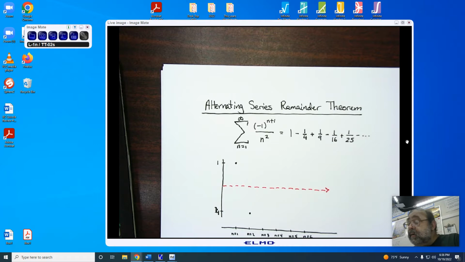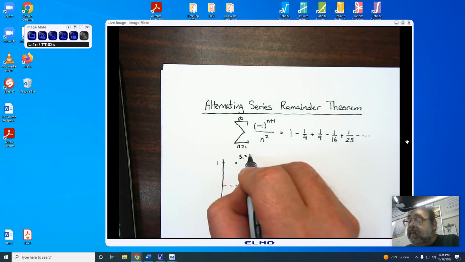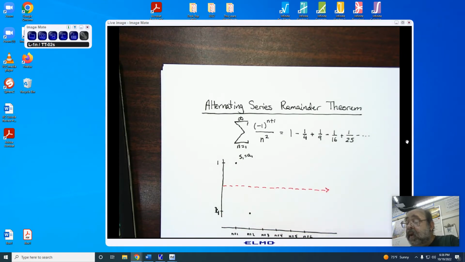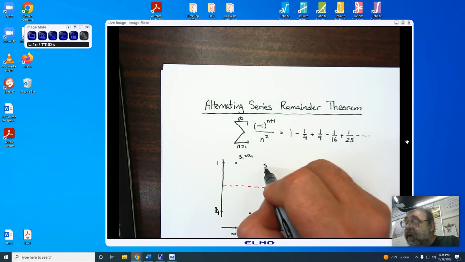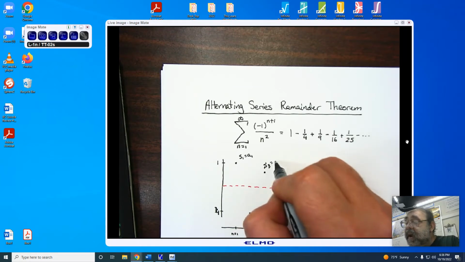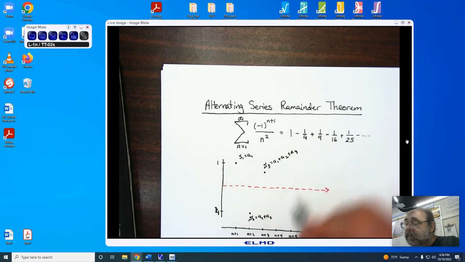So here I have my first term, S sub 1, and that was made by a sub 1, going from 0 all the way up. The second term is S sub 2, and that is a sub 1 plus a sub 2. And if I move up, I get S sub 3, and that's made by a sub 1 plus a sub 2 plus a sub 3.